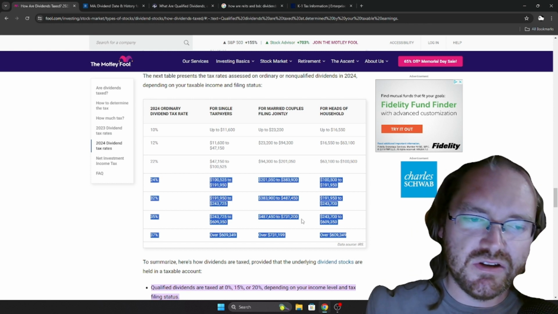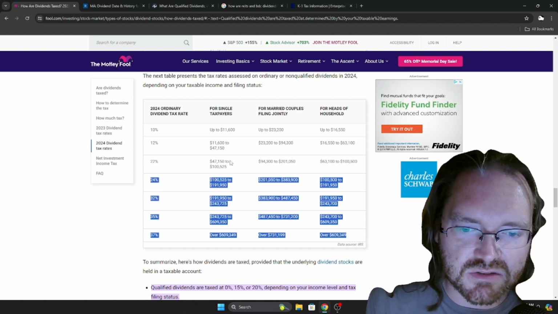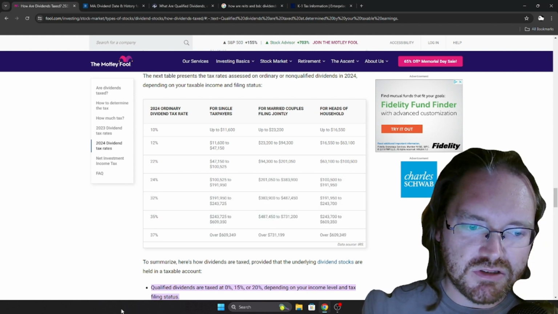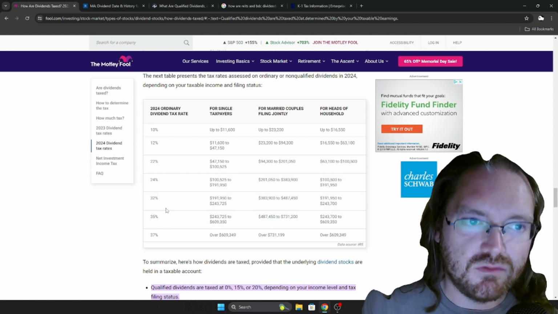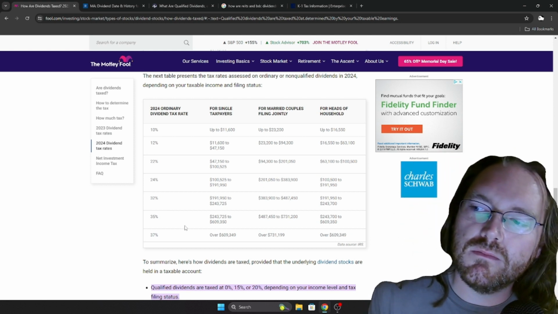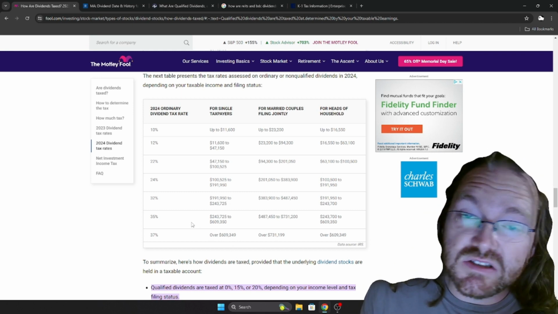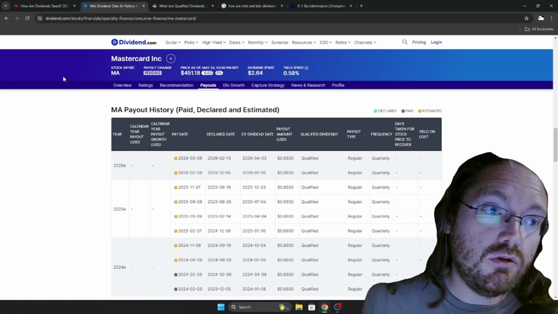If the dividends that you get are considered ordinary, these would be your tax rates at which they take their little piece from you. So you might be thinking, how do I know if my stock's dividend is qualified or not? Well, that's as simple as a quick little Google away.